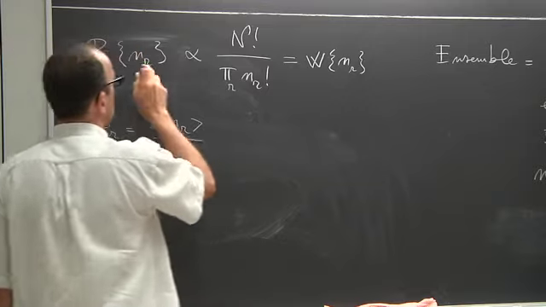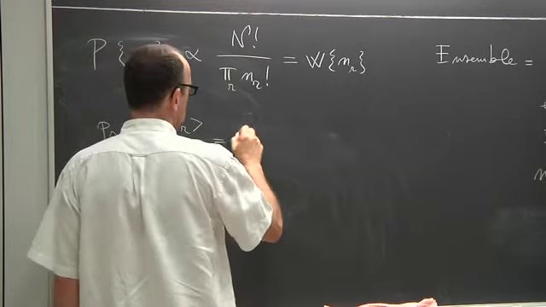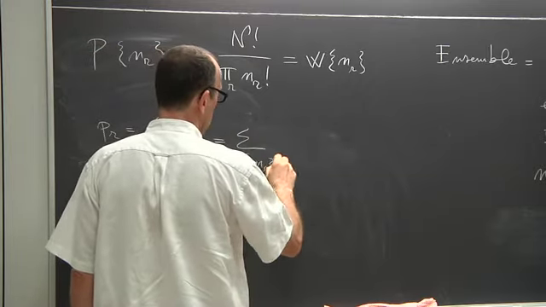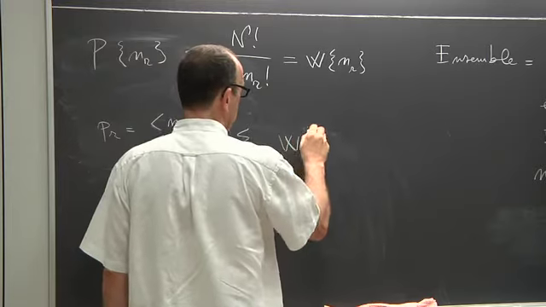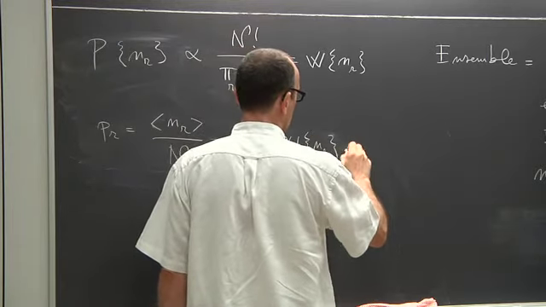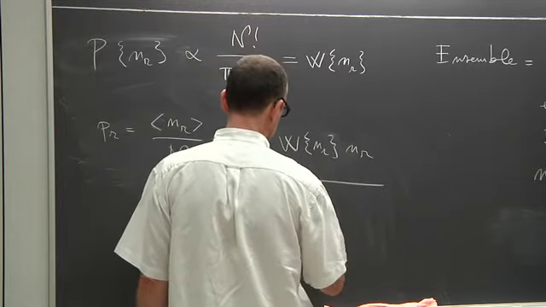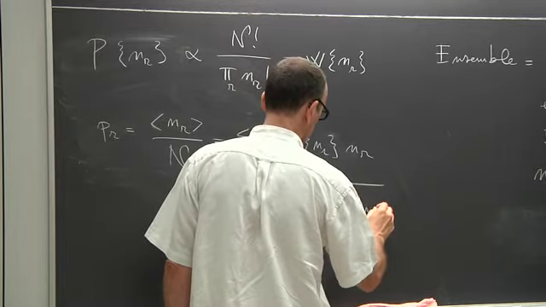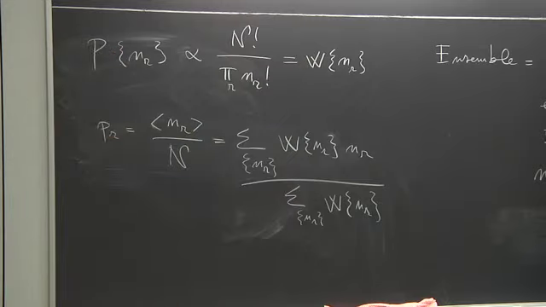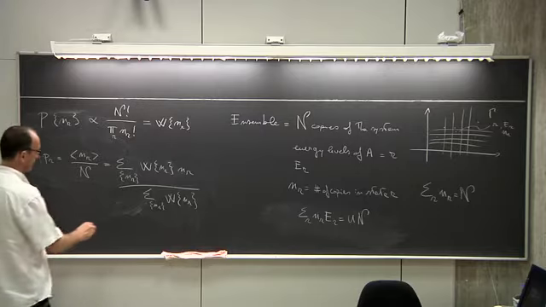And this average should be computed with this probability. So this will be the sum over all ways of distributing my points in the phase space, times this W of n_r times n_r, normalized by the same thing. One over n. Yes, thank you.